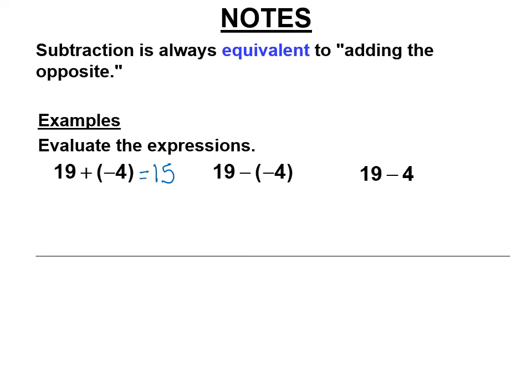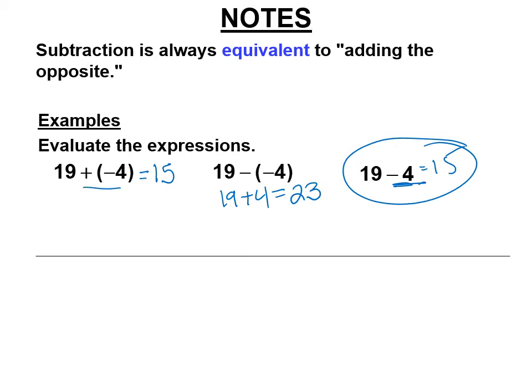So that's 15. That's positive 15. All right, now 9 minus negative 4 is the same as 19 plus 4. So that's not the same as the other ones, okay? So subtracting 4 from 19 is the same as adding negative 4. Those two were equivalent.